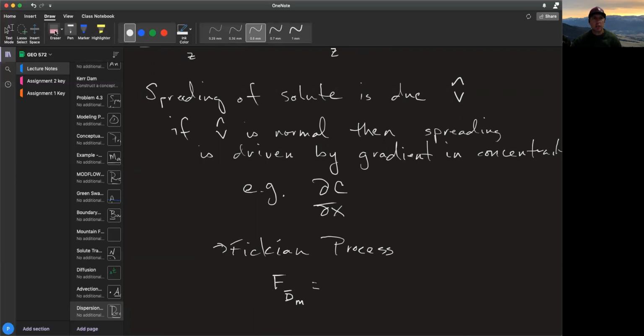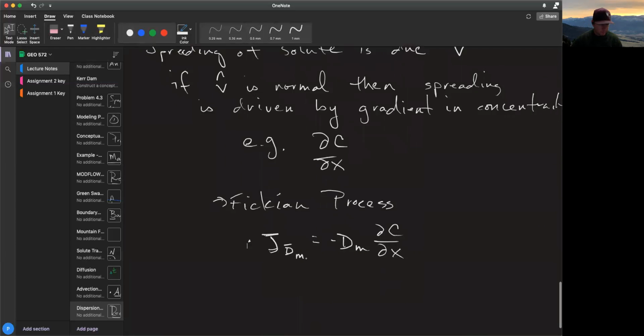Actually, let's call that a J because that's what I've been using for solute fluxes. J_dm, we might say, is equal to this. So this is what a Fickian process means.